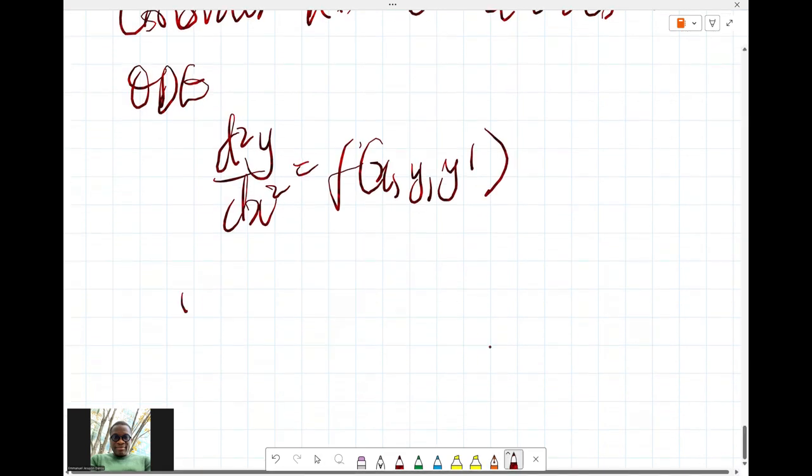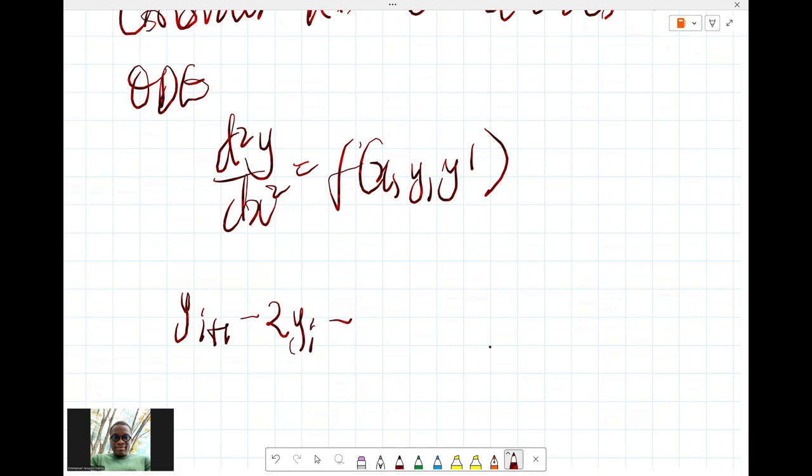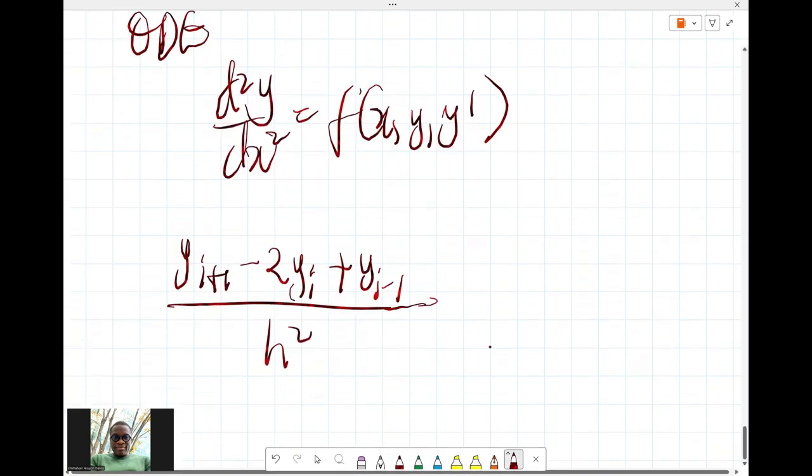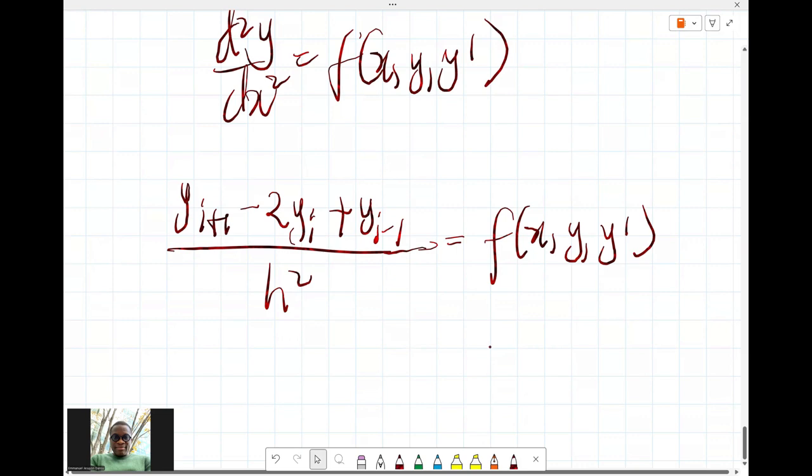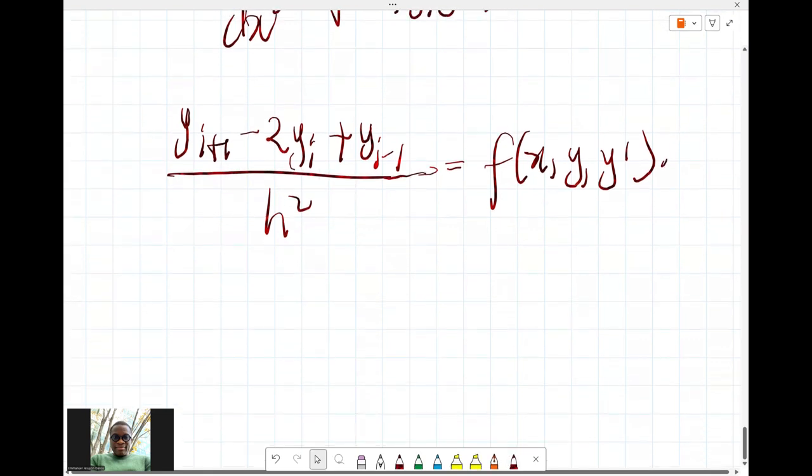And that has become yi plus 1 minus 2yi for central difference plus yi minus 1 all over h squared, that's the square of the step size, and that is equal to f of x, y, y prime, like that. So from here we then try to order this.